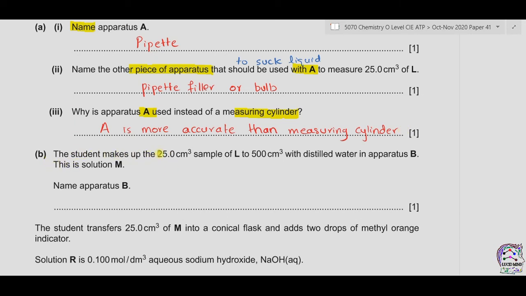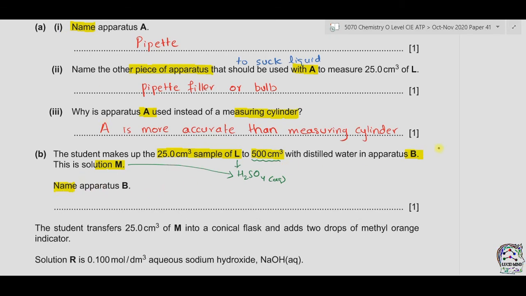B. The student makes the 25 cm³ sample of L up to 500 cm³ with distilled water in apparatus B. This is solution M. Name apparatus B. As we know that the sample of L is actually aqueous sulfuric acid, so solution M should also be aqueous sulfuric acid with volume of 500 cm³.